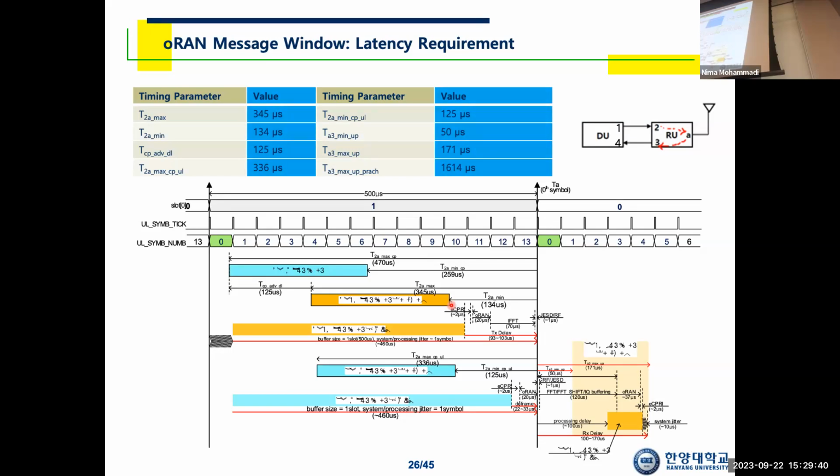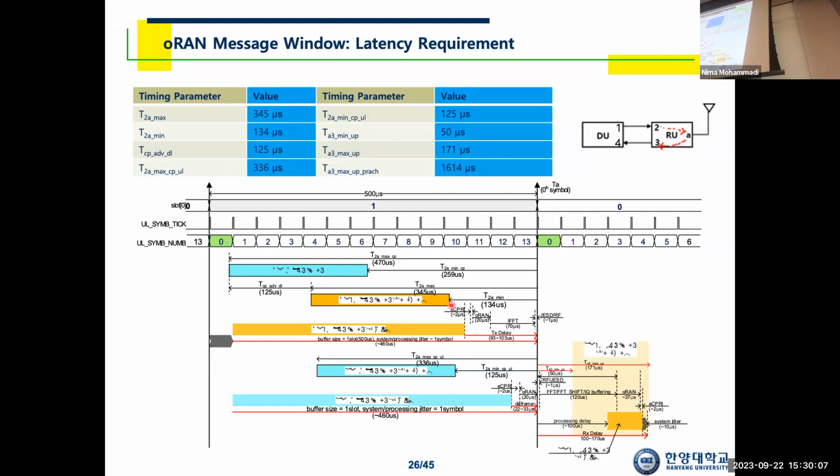As soon as you receive the downlink packet, you have to perform the framing procedure. You have to map this packet back to the original OFDM sample position.